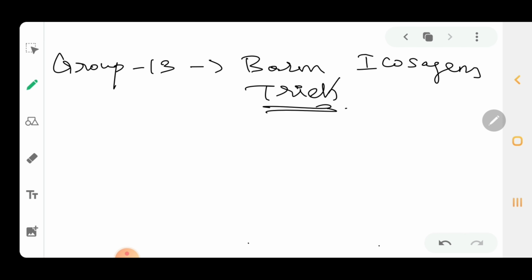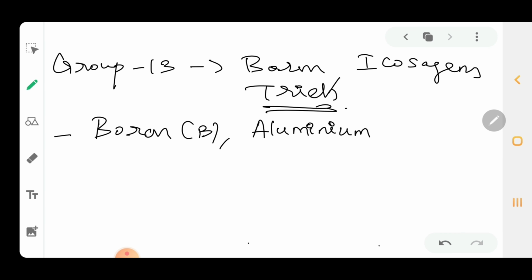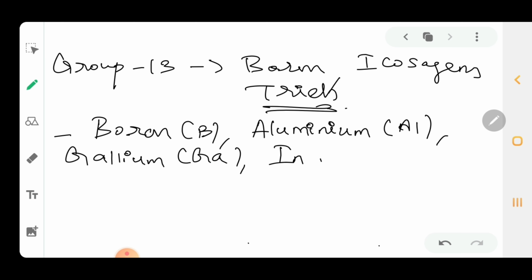So group 13 includes boron, aluminium, gallium, indium, and thallium.